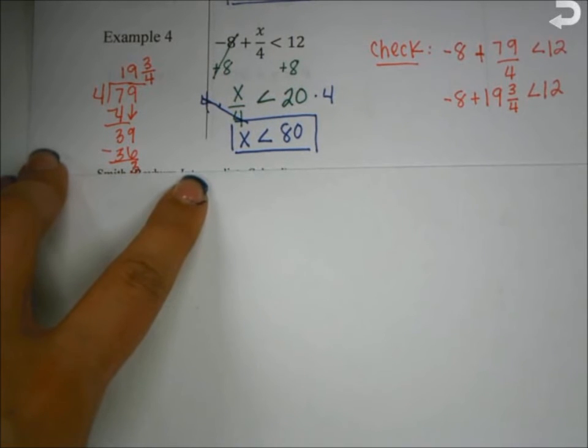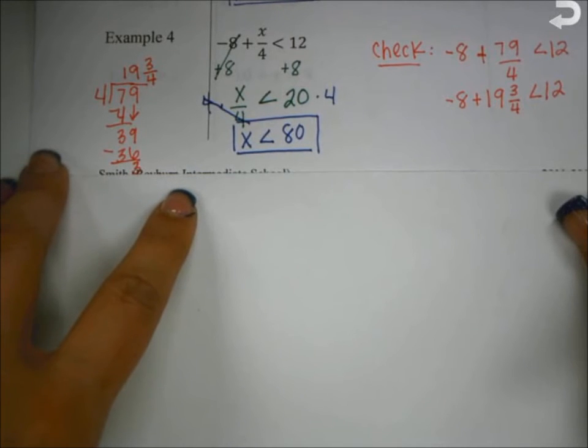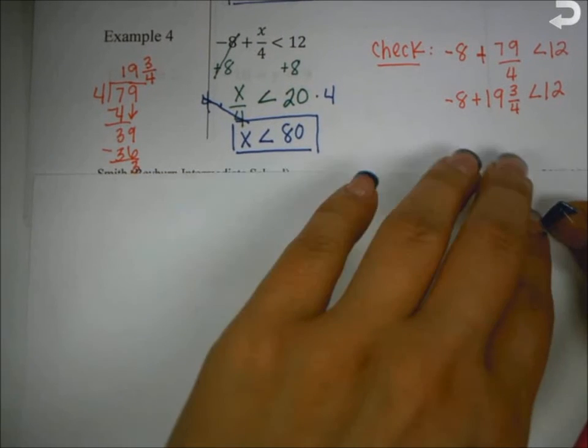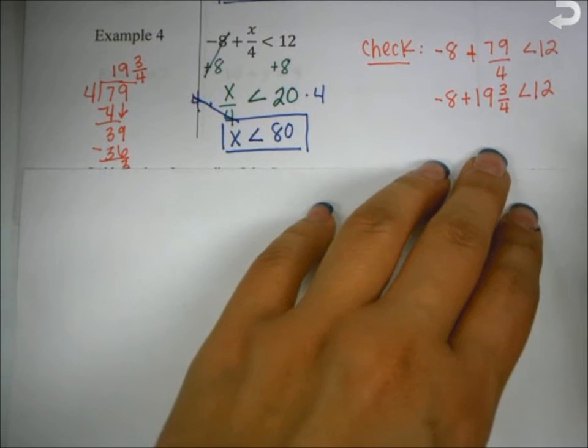Okay. So what do I do? 8 is 1 whole, so you go down to 7 and make it a fraction of 1. You are so good. Okay, 8 is a whole, right? Isn't this the same as 7 and 4/4?